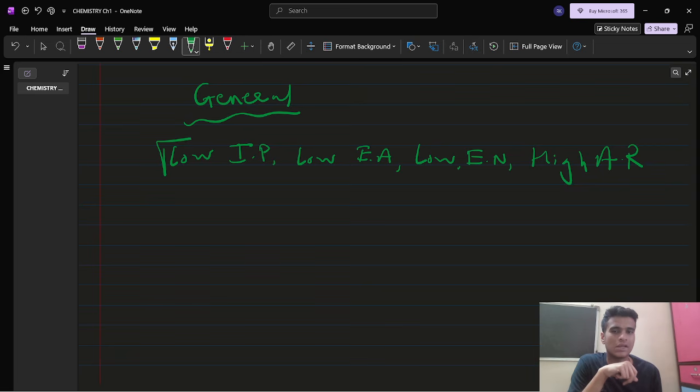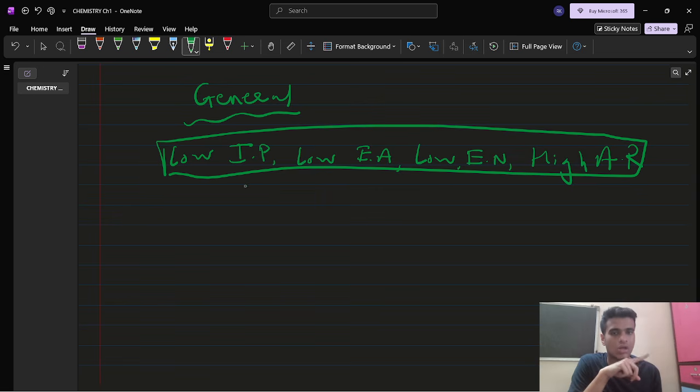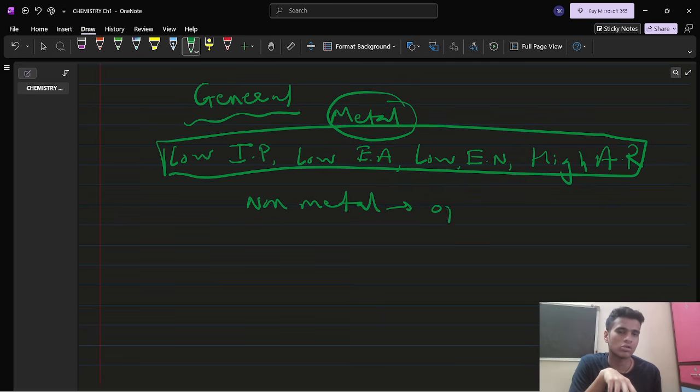If you see all these things, then it has to be a metal. So these are characteristics of a metal. और इसके completely opposite है non-metal के. Not writing them again. Opposite of this. High IP, high electron affinity, high electronegativity, small atomic radius.